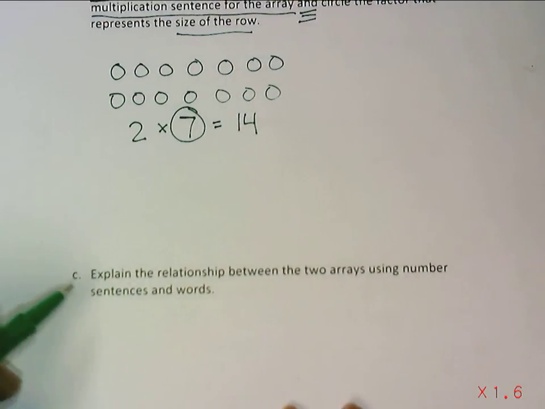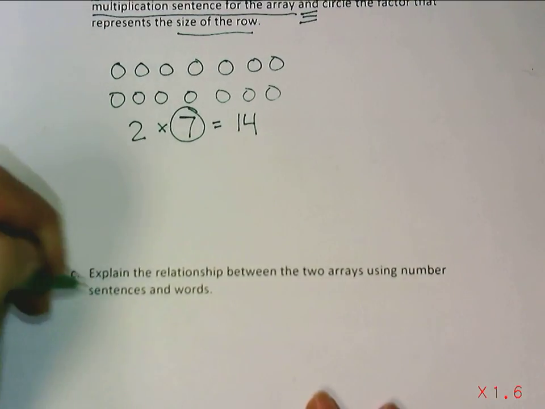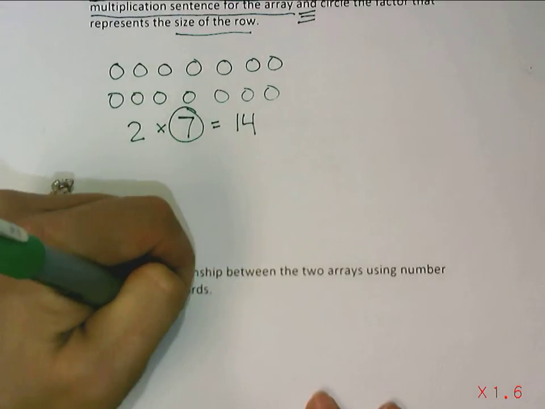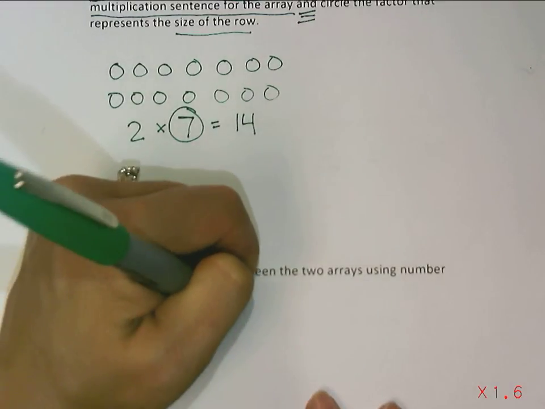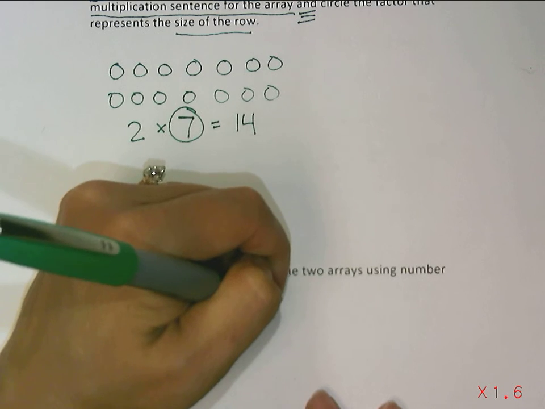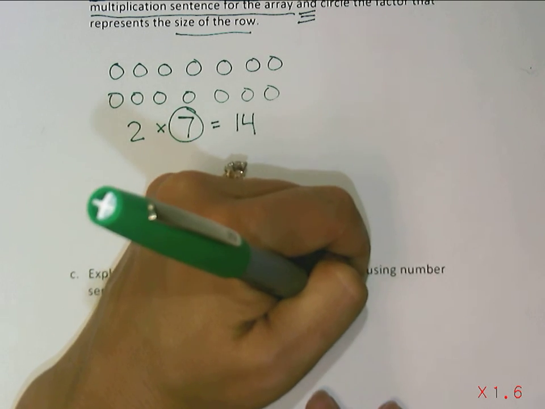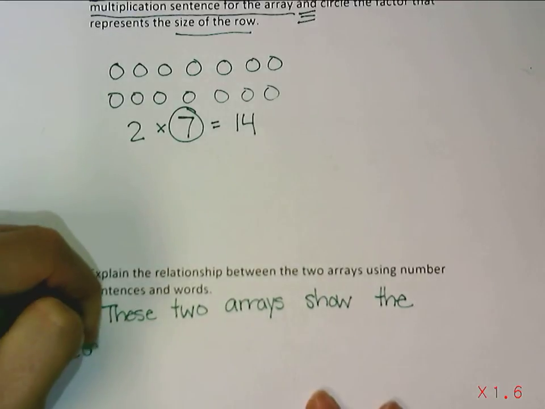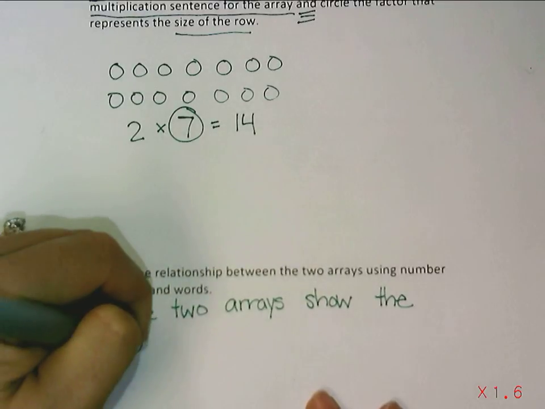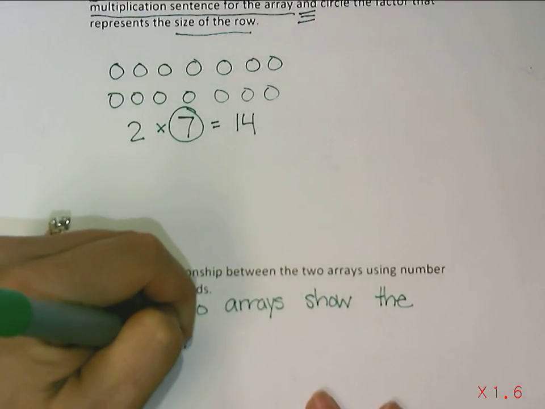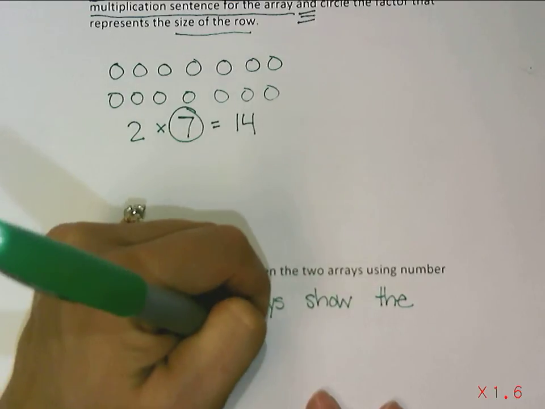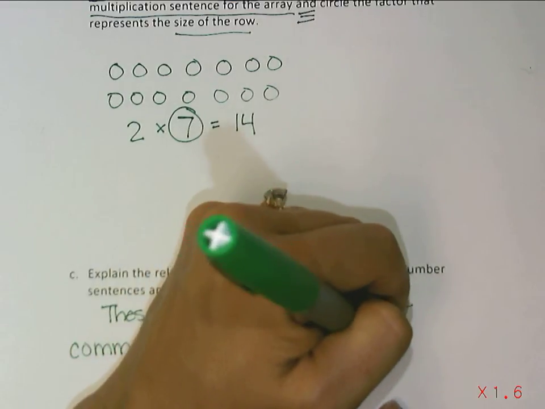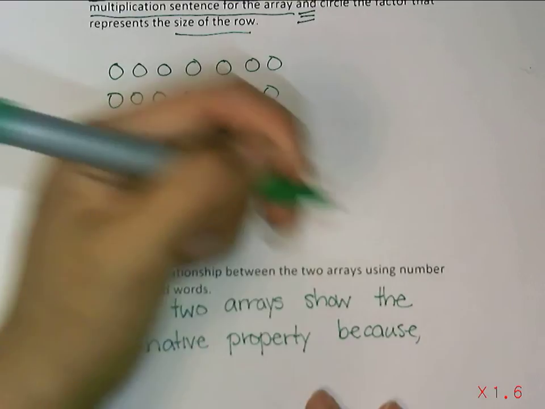So down here, in your own words, you can write your explanation in your own words. I'm going to write, these two arrays show the commutative property because, well, why?